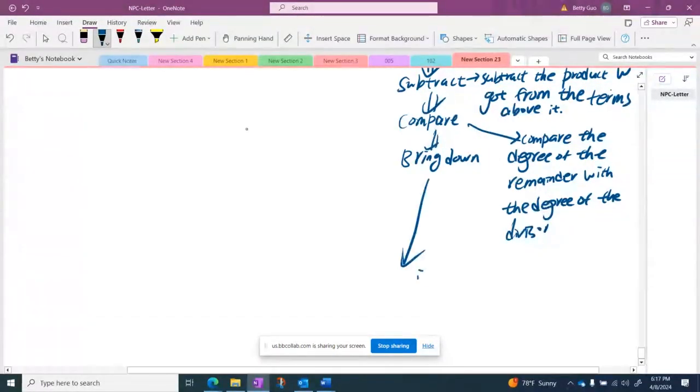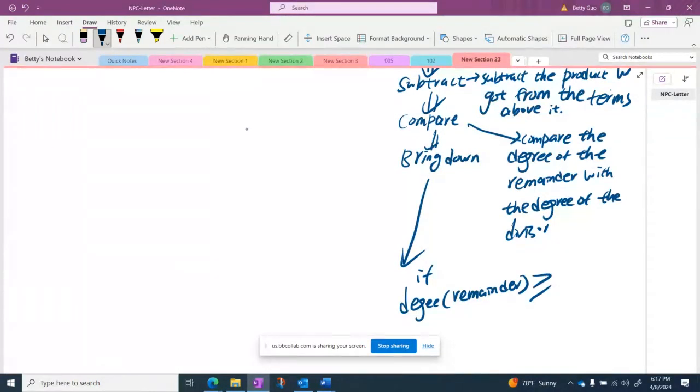Bring down if the degree of the remainder is bigger than or equal to the degree of the divisor.